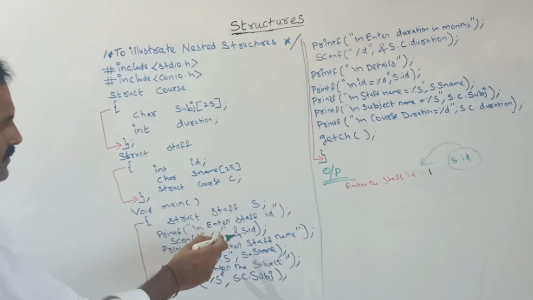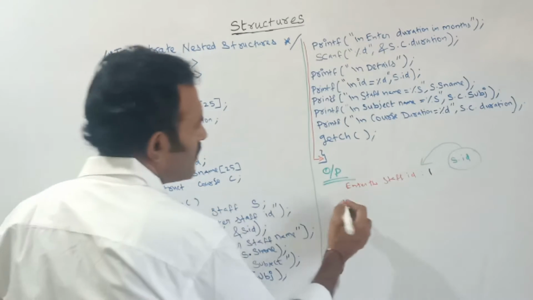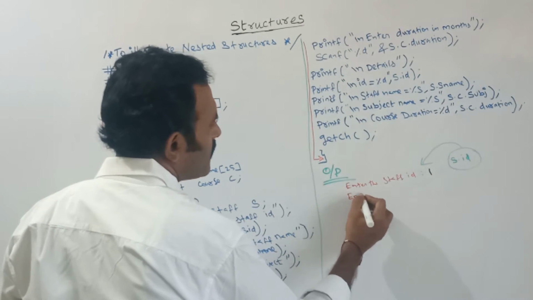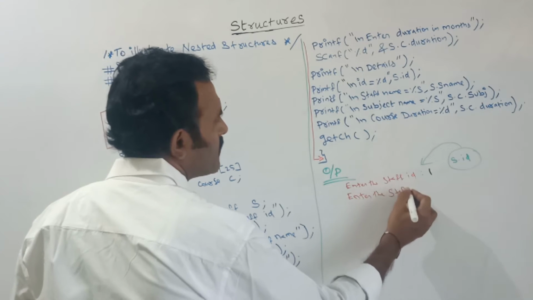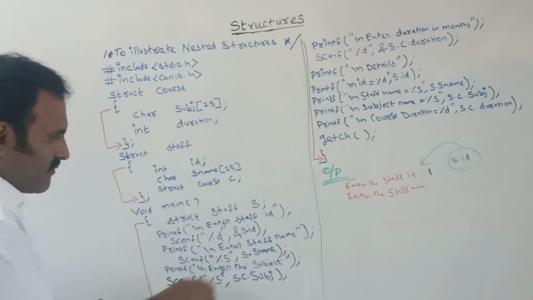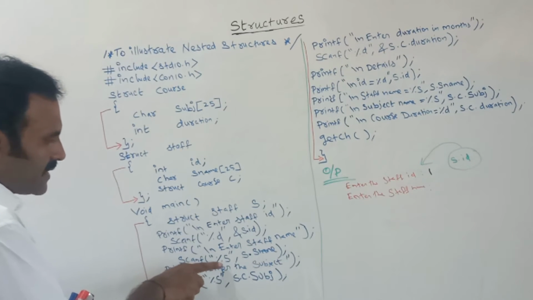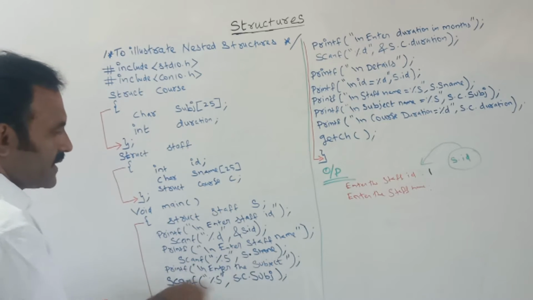Next I am telling it to print: enter the staff name. It will show the message enter the staff name. What kind of data is this? This is string data, so I have given it as %s. Next, S dot S name.